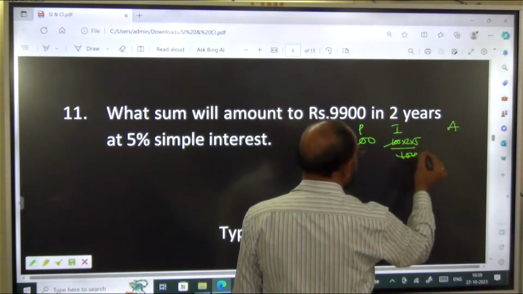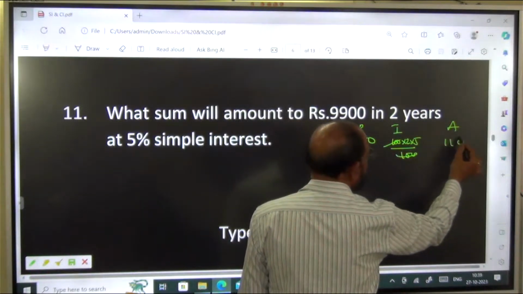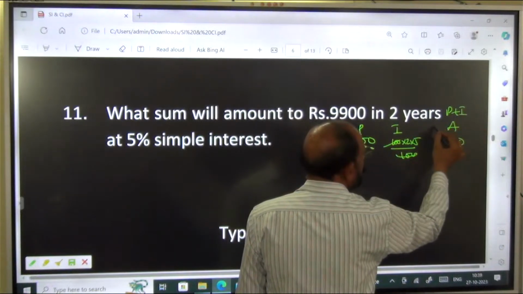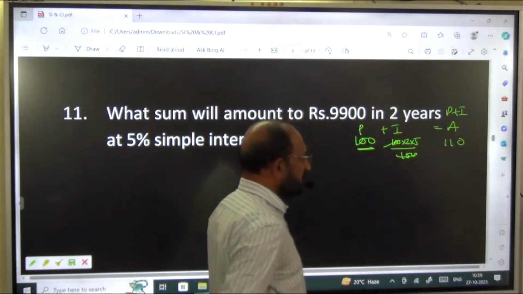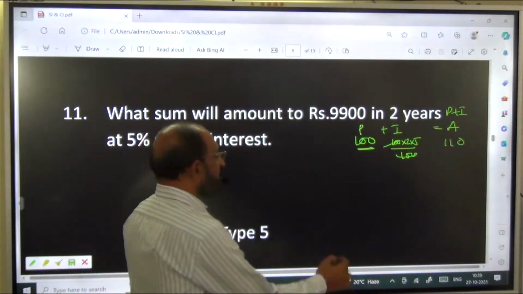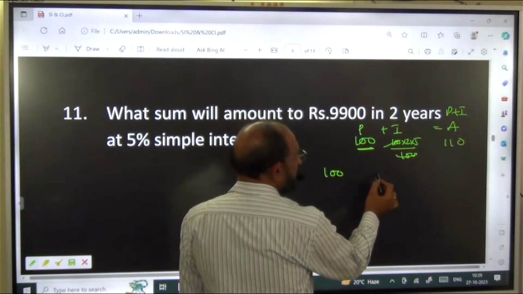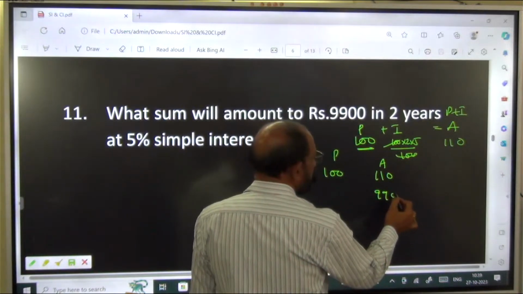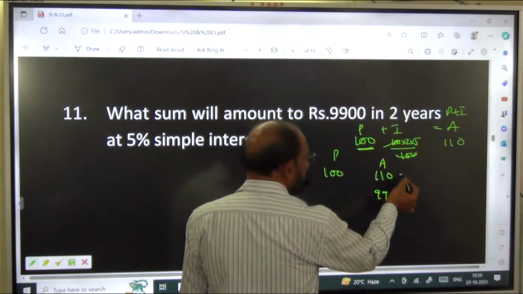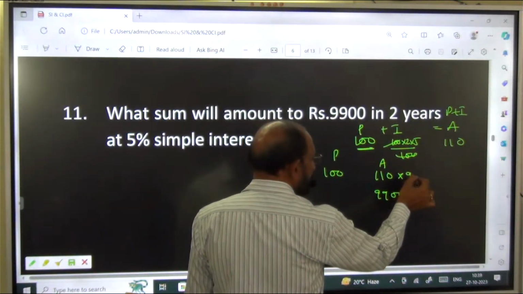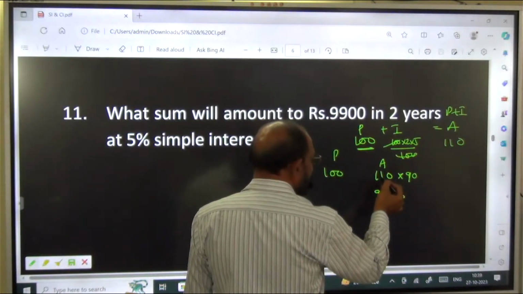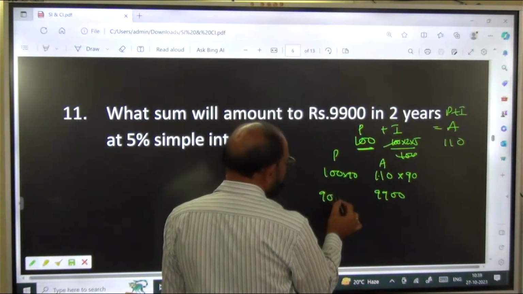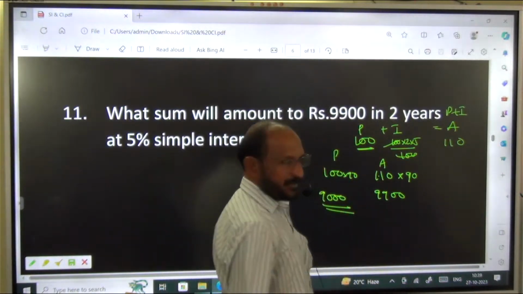Therefore, amount is 110 rupees, since principal plus interest is equal to amount. Correct? If 100 rupees is the principal, then 110 rupees is the amount. If the amount is 9,900, it means multiplied by 90. So multiplied by 90 means 9,000 will be the principal.